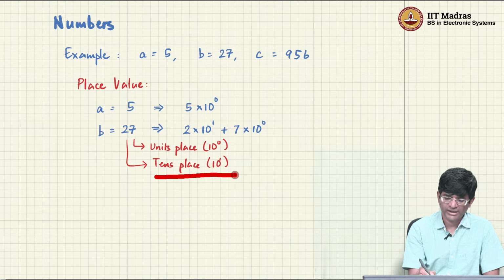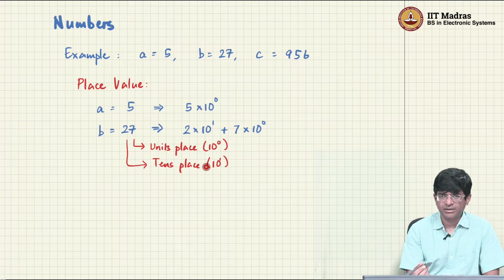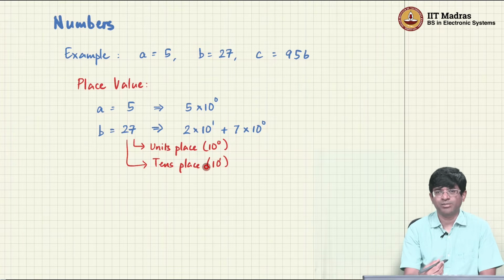The tens place corresponds to the factor 10 power 1. I multiply that by the digit that's over there, which is 2, so I get 2 into 10 power 1. So 2 into 10 to the power of 1 is 20, plus 7 gives me 27. That is how I am interpreting these numbers.